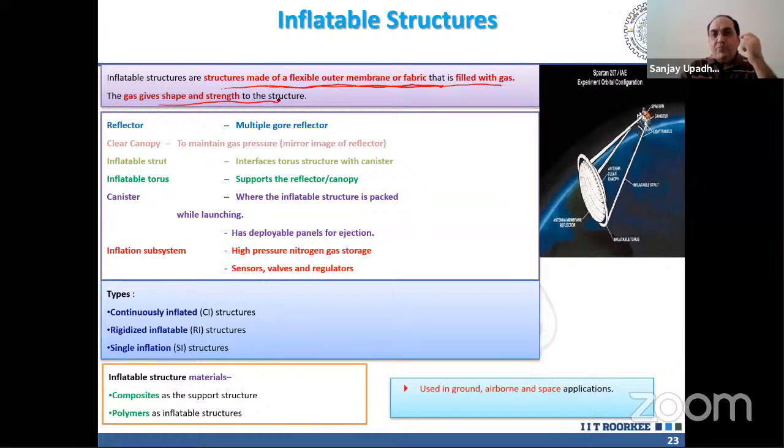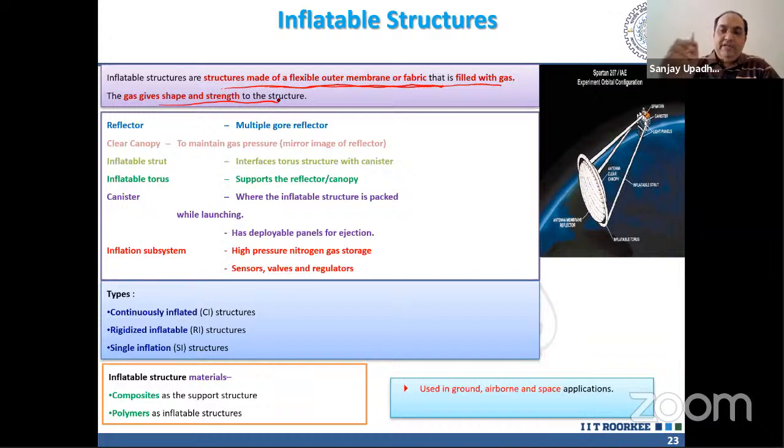To achieve the proper shape, proper strength is required, so all this technicality we need to study. This is an inflatable space antenna, which NASA launched in 1990, but somehow it failed. The main component of inflatable structures is the reflector.